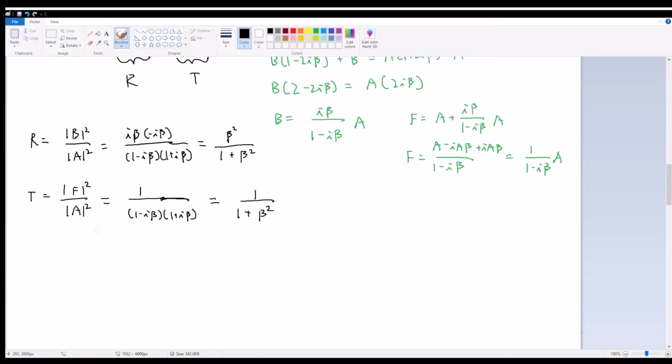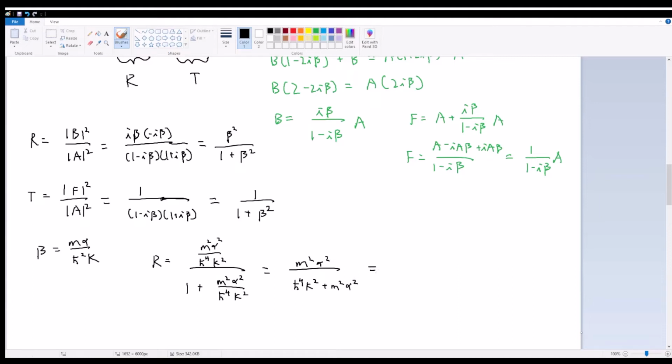Next, we can define these by actually defining beta, because we know that β equals mα over ħ²k. If we do that, then R is equal to m²α² over ħ⁴k² over 1 plus m²α² over ħ⁴k². That gives us m²α² over ħ⁴k² plus m²α².